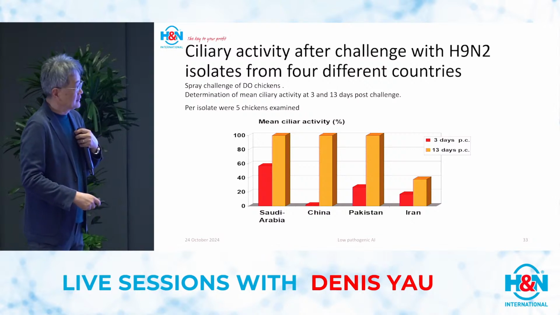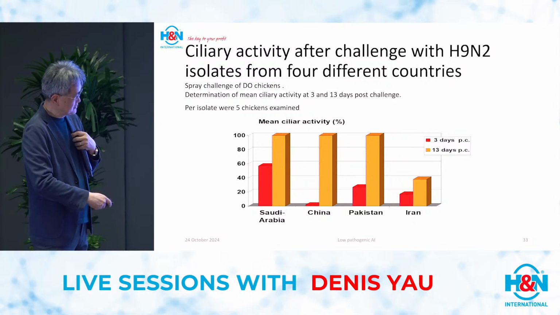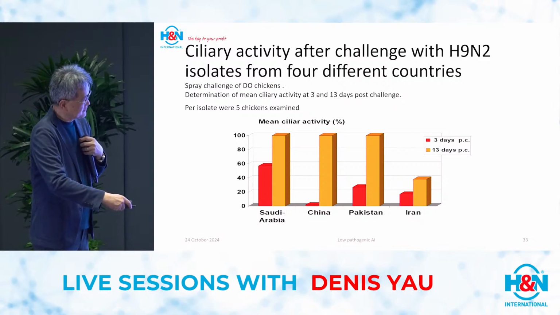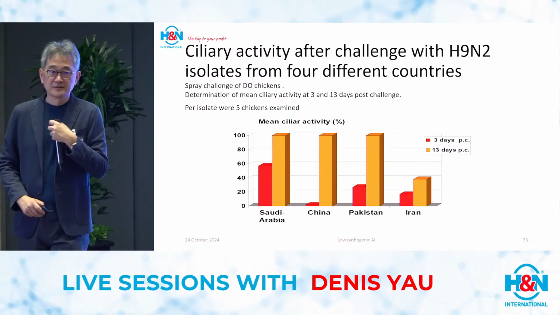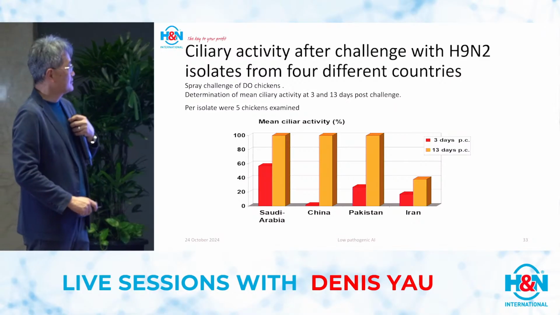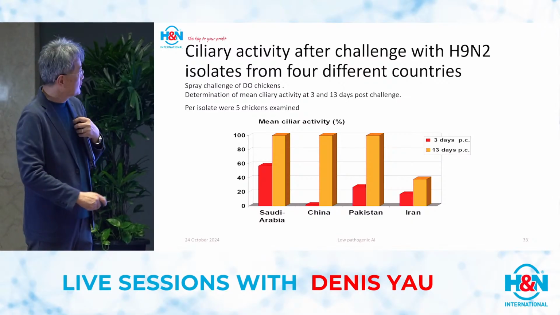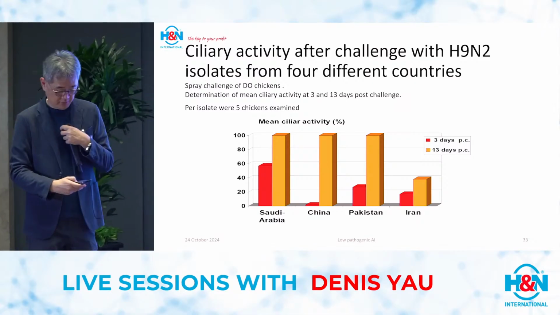With the isolates from 4 different countries, you see here Saudi Arabia, China, Pakistan, and Iran. Here you see the isolate from Iran has the highest pathogenicity in terms of cilia activity damage.